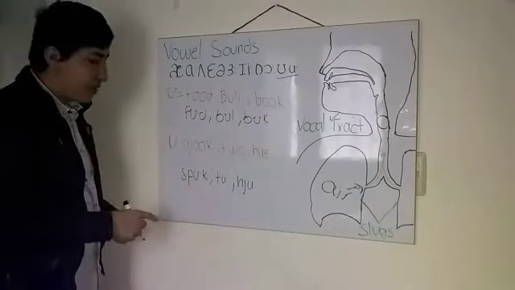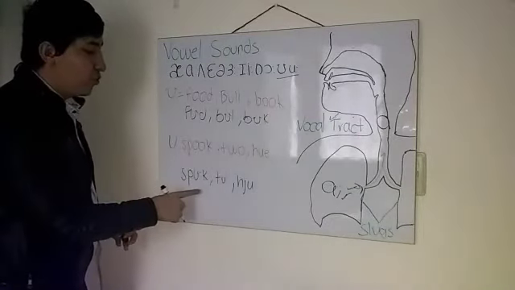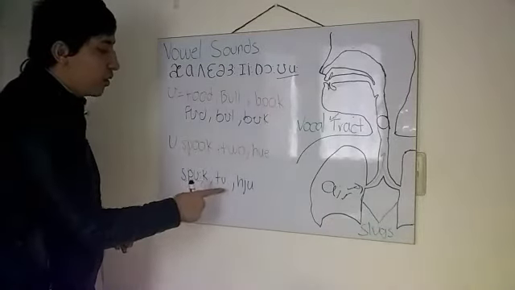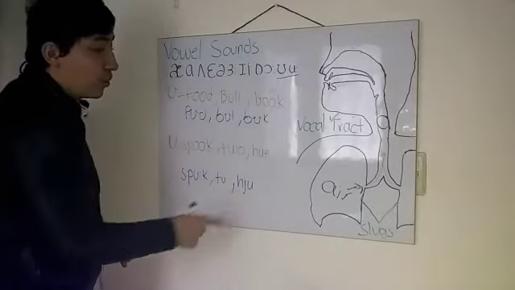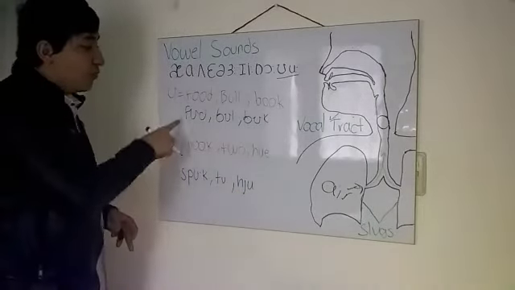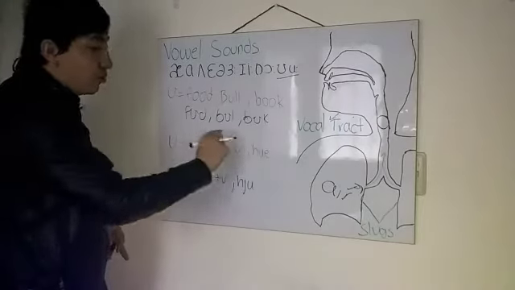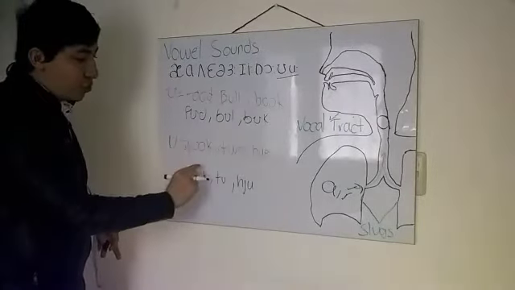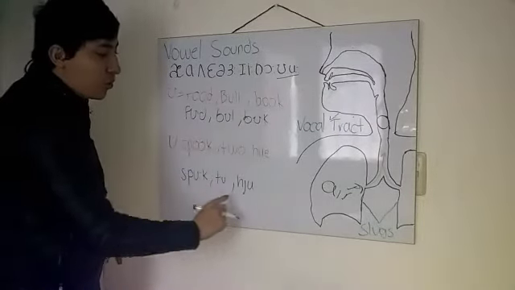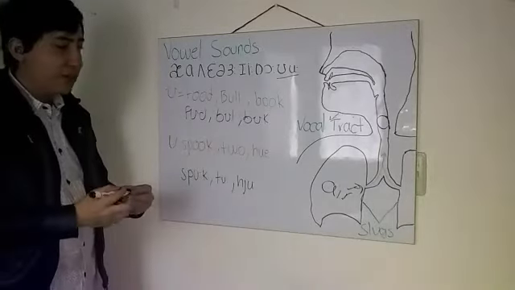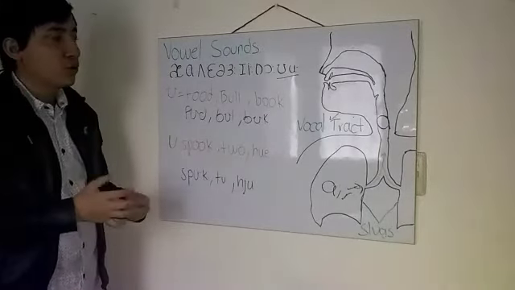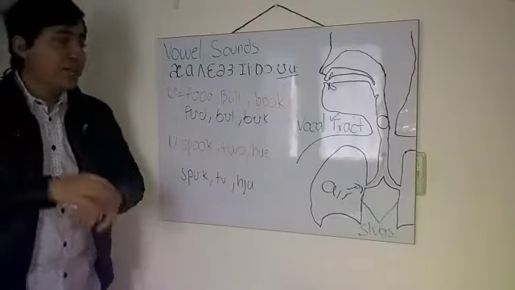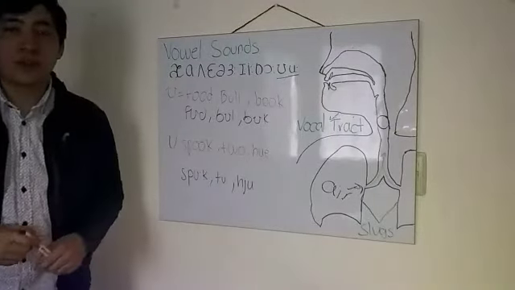And for the second sound, we can find spook, to, hue. Okay? Repeat. Foot, bull, book, spook, to, hue. Well, those are the sounds for U, and those are all the vowel sounds.